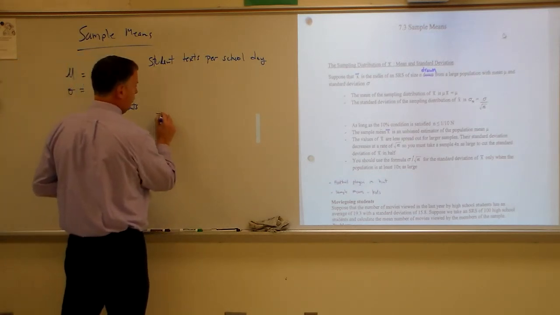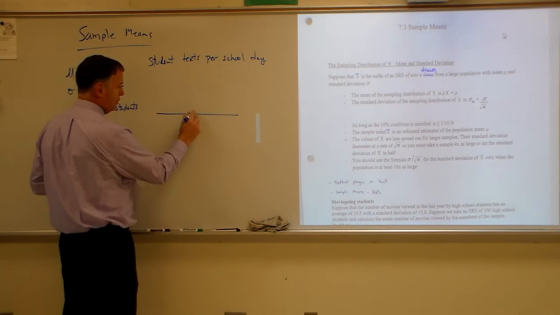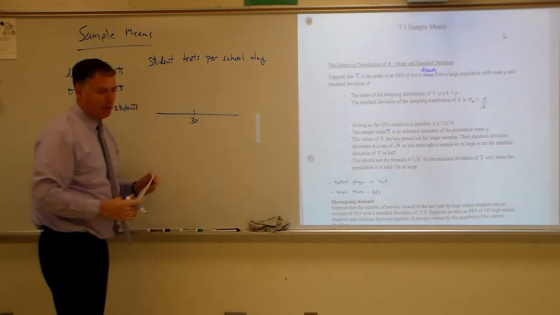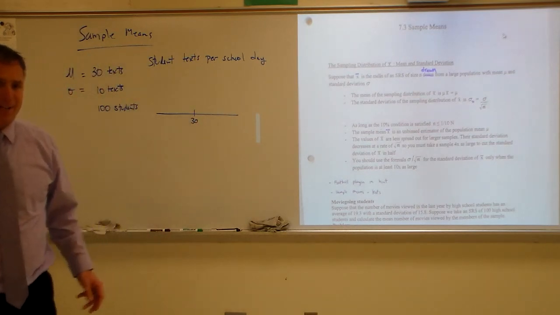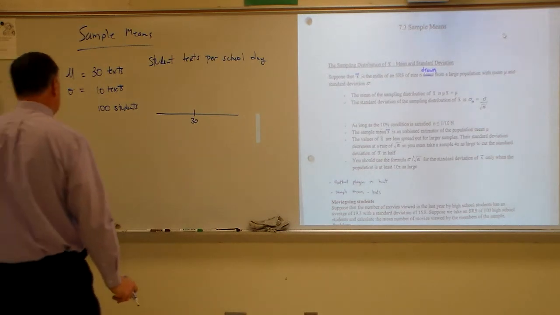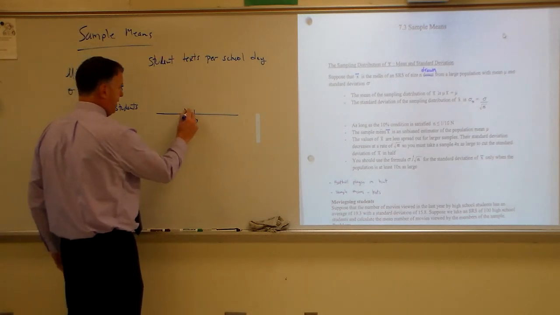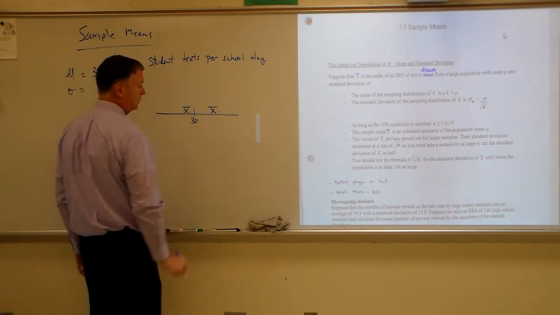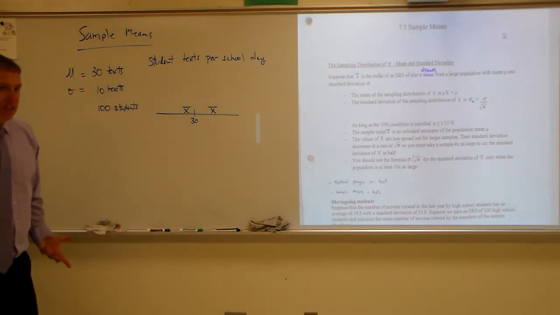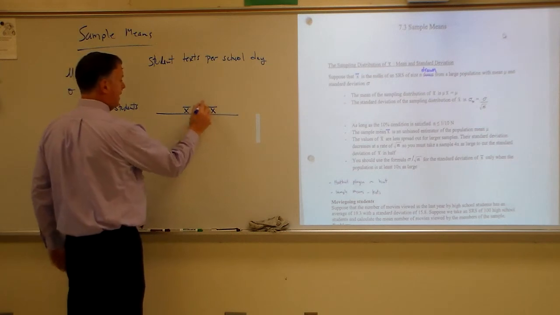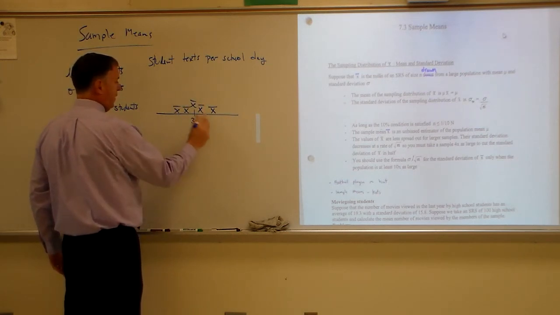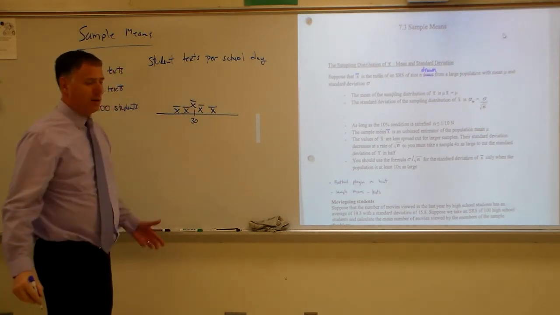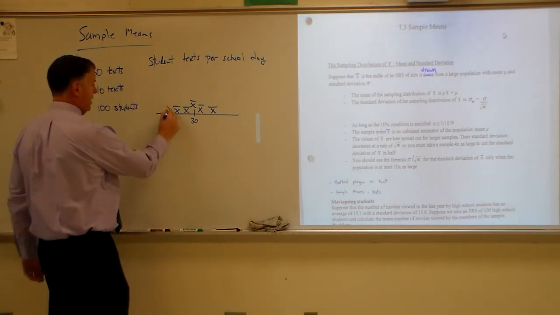So if we were to say this was 30, and we were looking at all of our student texts, and we were taking all these samples. We sample 100 students, they came in here. We take another 100 students, their average was there, that's where their X bar was. And you take more, and then you take this one class where nobody's paying attention, way down here.